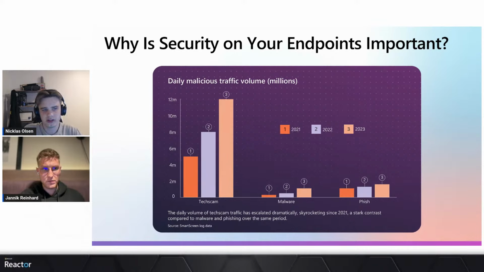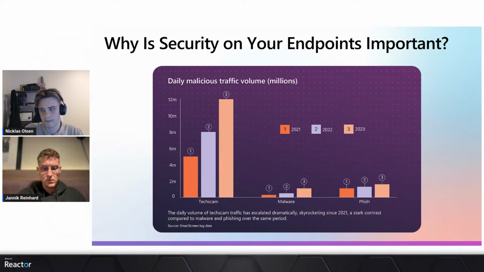So Microsoft has created this data graph. As you can see here, tech scams have increased from 2021 to 2023, where it started off with 5 million, and then it increased to 8 million, and lastly it has increased to 12 million as well. So as you can see, there is a very high increase in tech scams, but also when we are talking about malware and phishing attacks, there is a high increase of those attack types as well.